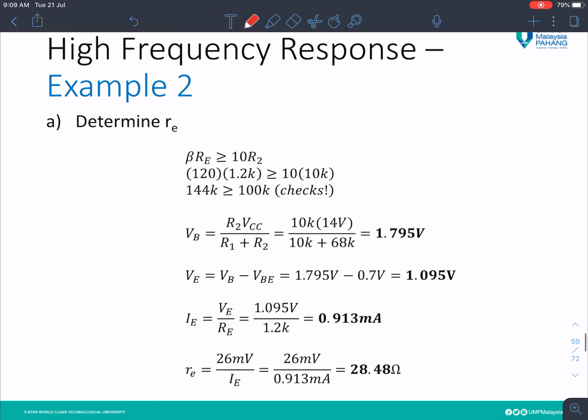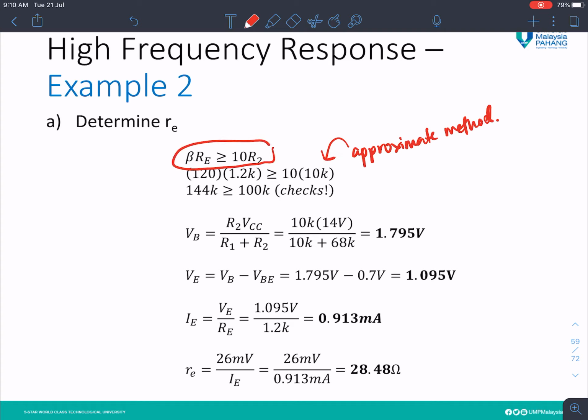For A, we calculate RE. Because this is a voltage divider, I use the approximate method. For this method, I need to check this condition.